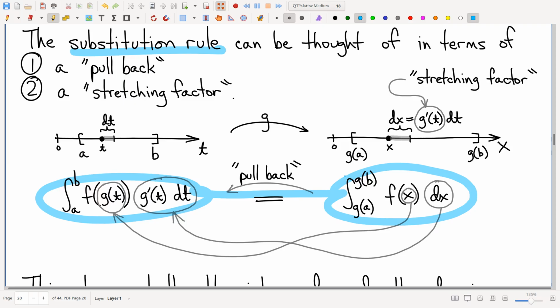Now, in order to see how that connection gets made, or said differently, in order to use the substitution rule as a nice launching point, a first step, we need to change our point of view on the substitution rule. Y'all have probably mostly thought of the substitution rule as an algebraic thing.